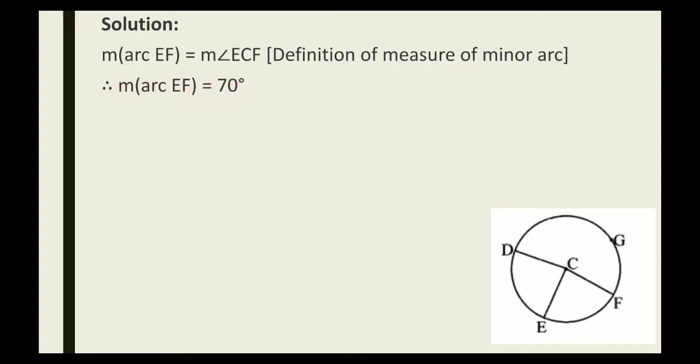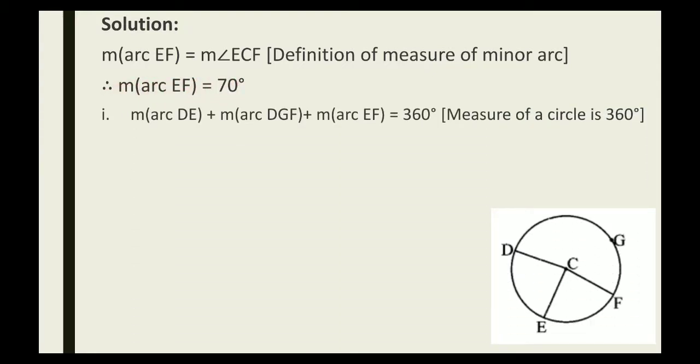70 degrees. We know that the measure of arc DE plus arc DGF plus arc EF is equal to 360, the whole circle. The measure of a circle is how much? 360 degrees.